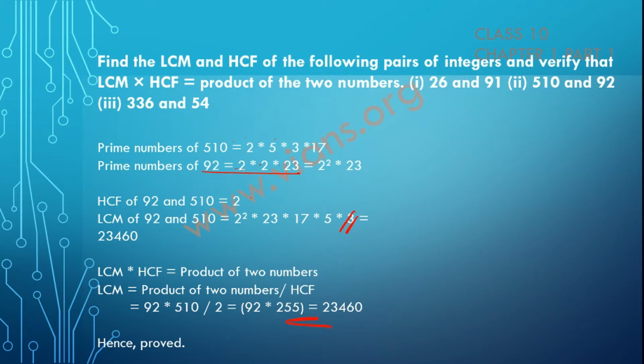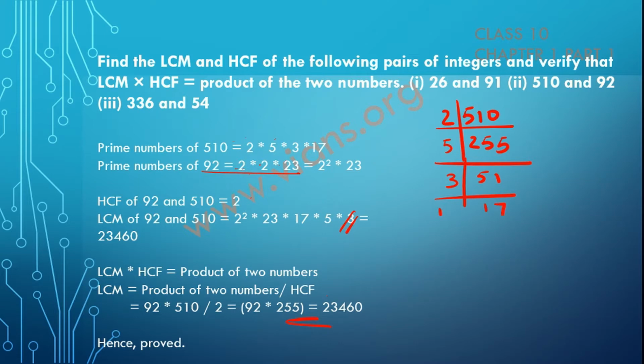Another one is the prime factors of 510. So 510 is 2 into 5 into 3 into 17. 2 2s are 4, 2 5s are 10, so 5 5s are 25.